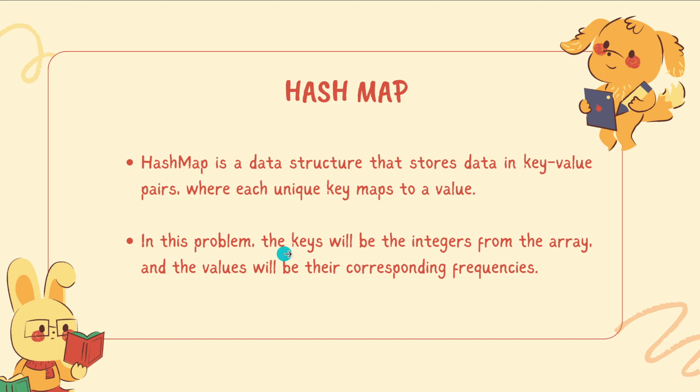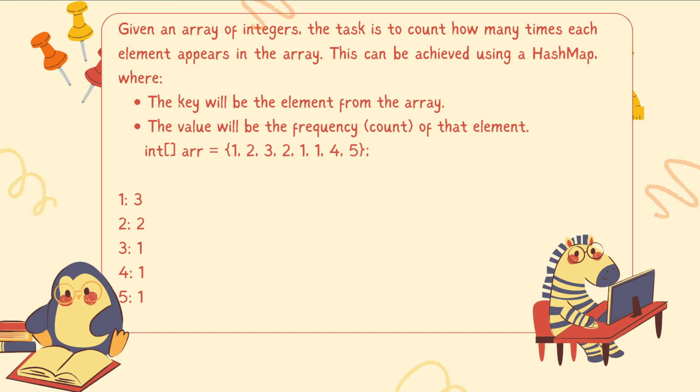In this problem the keys will be the integers from the array and the values will be the corresponding frequencies. Let it be an array with duplicate elements, and you have to return the frequency of each element.